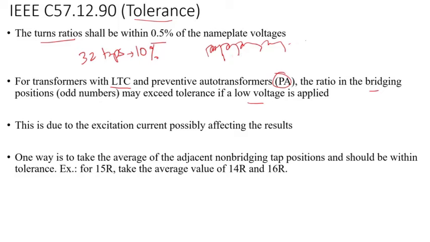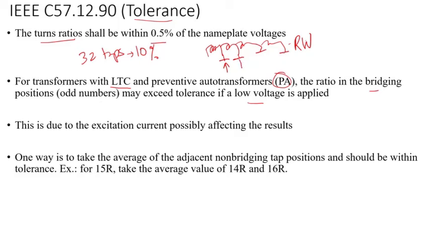So 8 of these. This is a regulating winding. Then the tap changer will have the selector. These are the contacts connected to the taps.